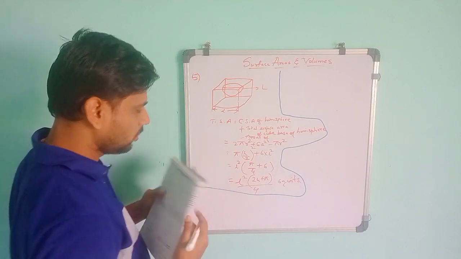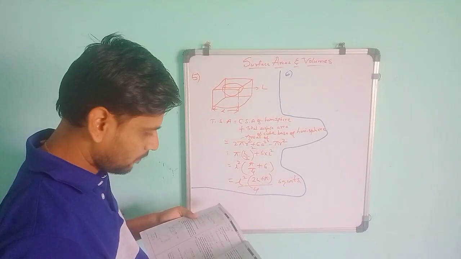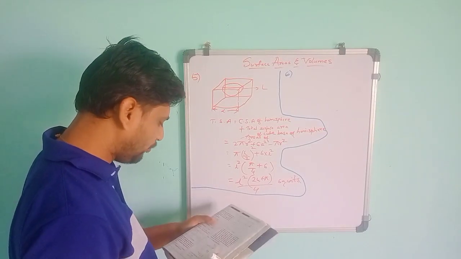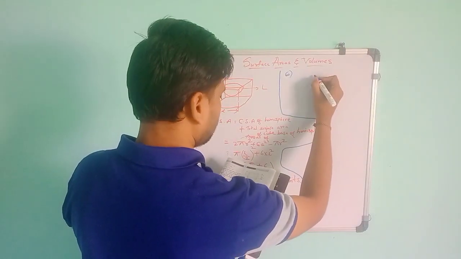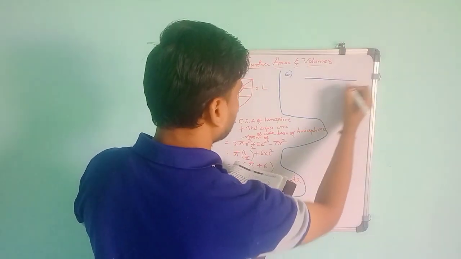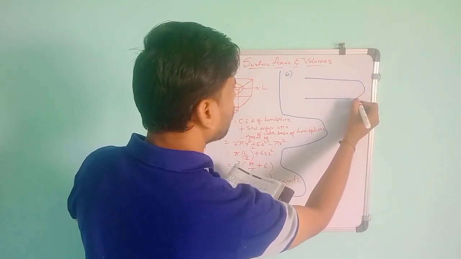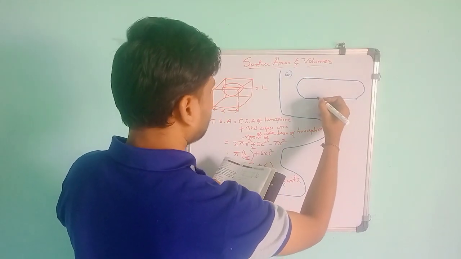Then the sixth one. They have given in the diagram that a medicine capsule is in the shape of a cylinder. So this is the capsule.